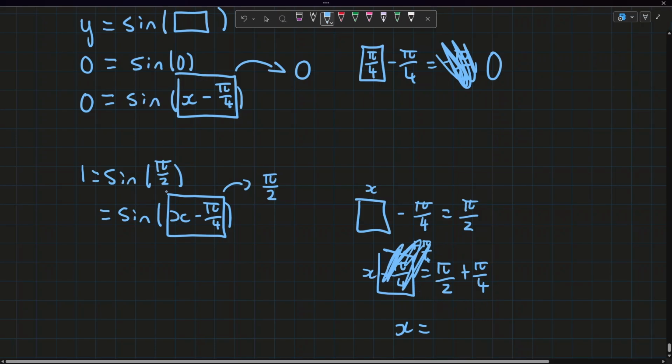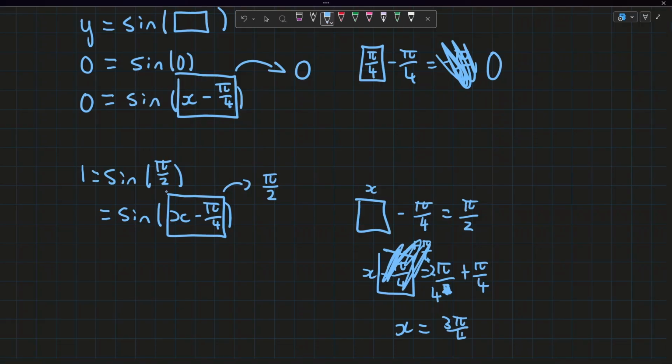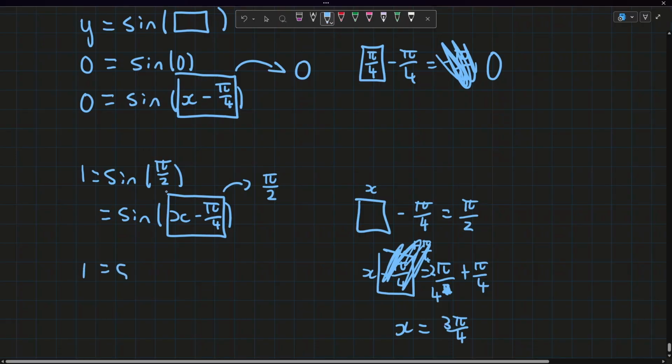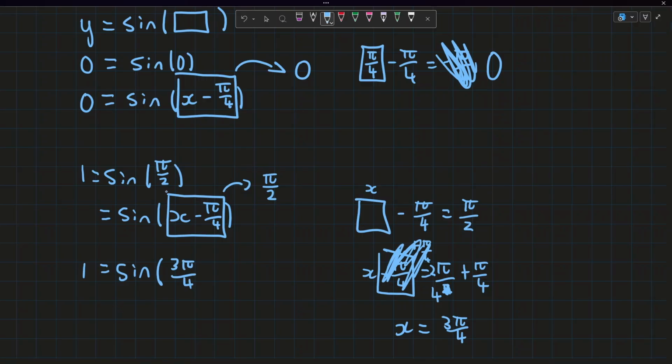To figure this out, we want to make the bottom 4 by timesing the top and bottom by 2. So now we have 2 pi on 4 plus pi on 4 gives us 3 pi on 4. So if we want to get this output of 1, we need to go sine of 3 pi on 4, and then we'll have our minus pi on 4, and this will equal pi on 2, and that will get us our 1.